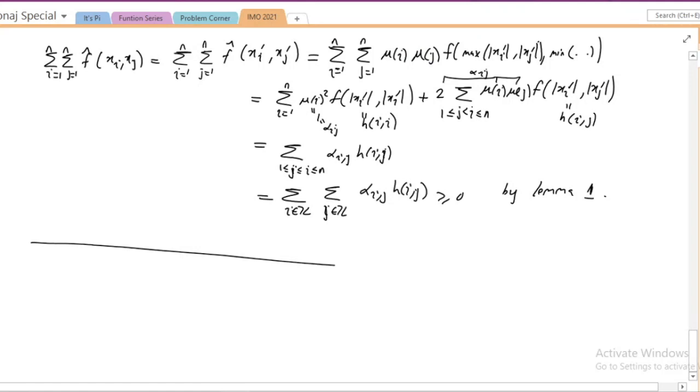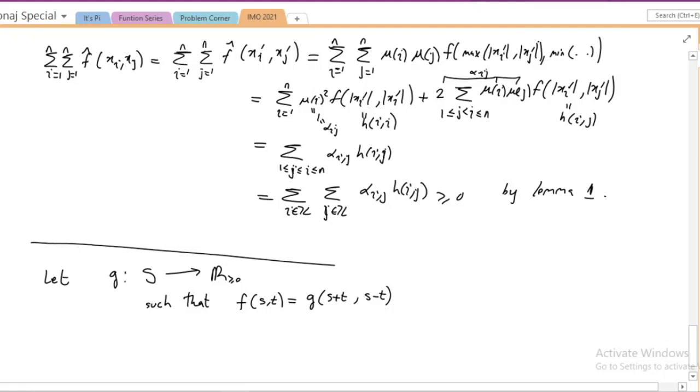Okay, so let g be a function from S to R plus, so R greater than or equal to 0, such that f of s, t, well, let me use s and t here, so f of s, t will be equal to g of s plus t, comma s minus t.